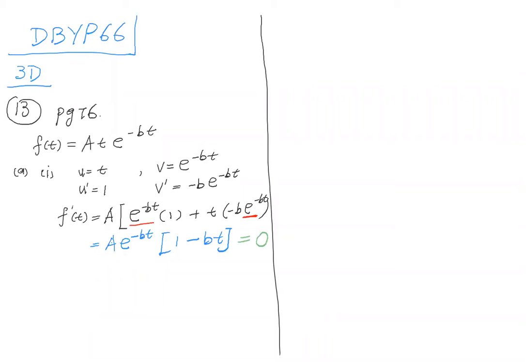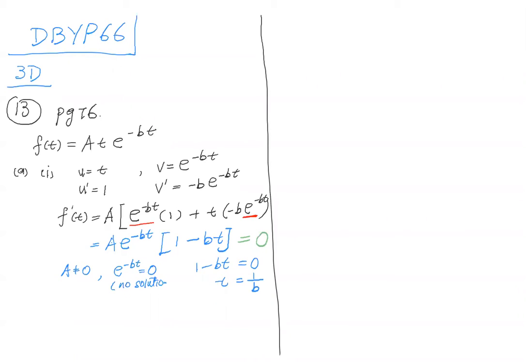Because maximum or minimum, local max, local min happen when the rate of change is 0. So A cannot be 0. E to the power minus bt equal to 0, no solution. 1 minus bt equal to 0, so t equal to 1 over b.